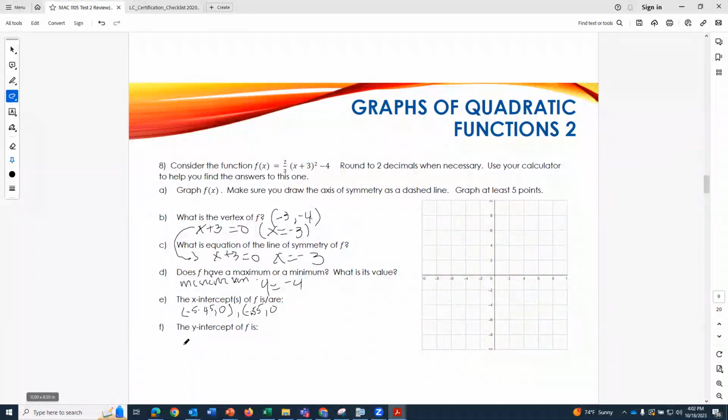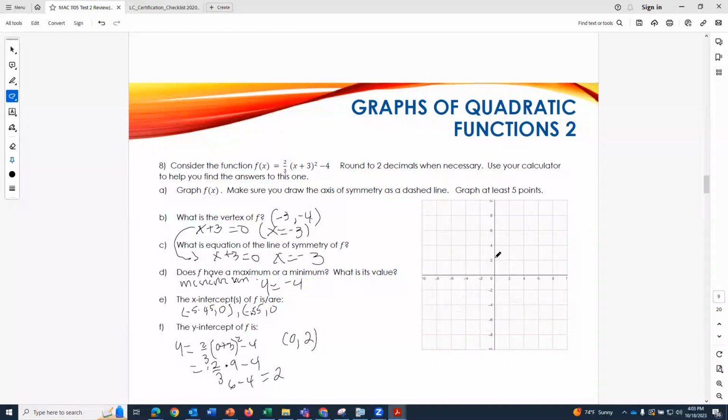That means x equals 0, y will be 2/3 of (0 plus 3) squared minus 4. That will be 3 squared, which is 9. That will be 2/3 times 9 minus 4. Cancel this out. That means 2 times 3 is 6, minus 4. It is 2. That means the y-intercept is x equals 0 and y equals 2.